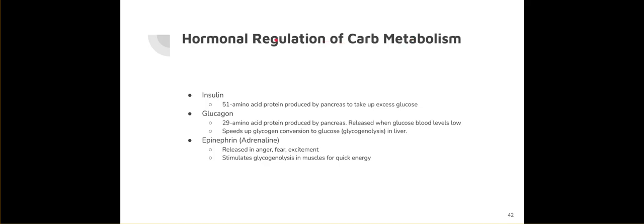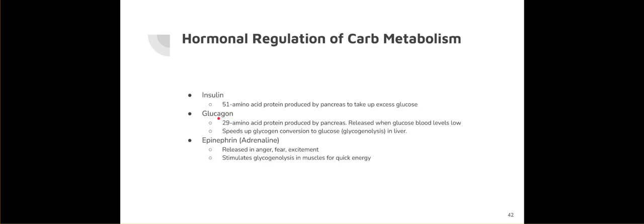There are hormones that regulate carbohydrate metabolism. Insulin, which we've looked at before, is a 51 amino acid protein that gets produced by the pancreas, and it will take up excess glucose in our bodies.